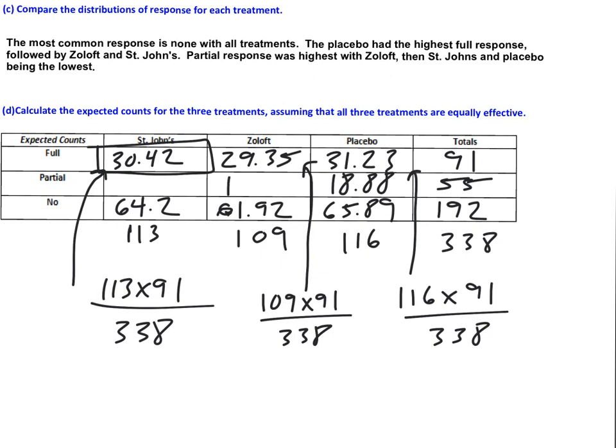Okay, sorry about this. 17.74, and then 113 times 55 over 338, which would be 18.39. When I was looking at my notes, that 18 looked like a 98, and I was looking at the rest of the table, and I was like, that expected count shouldn't be anything close to 98. So that's how they're done.